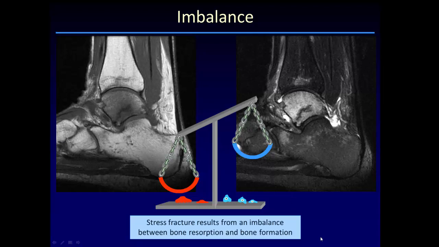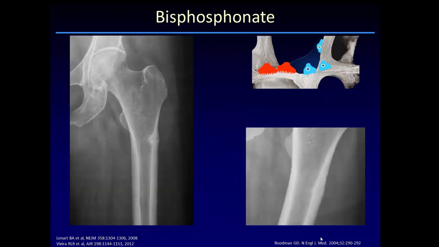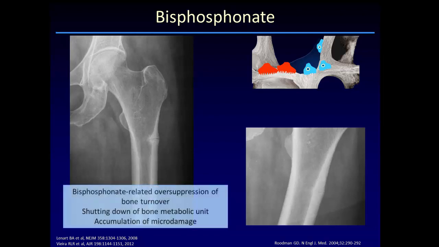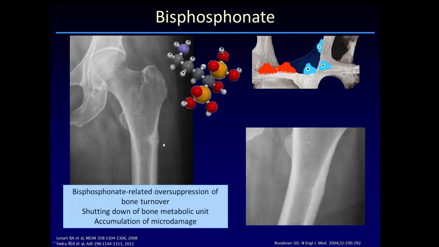One good example for us to keep in mind for how an imbalance might be created are patients who are taking bisphosphonate drugs. And we now know that in a small group of patients, after long-term treatment with bisphosphonates, they develop unusual femoral fractures.